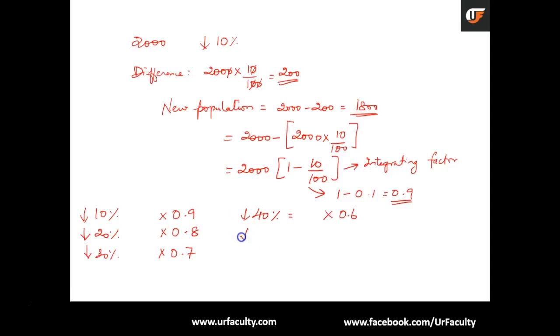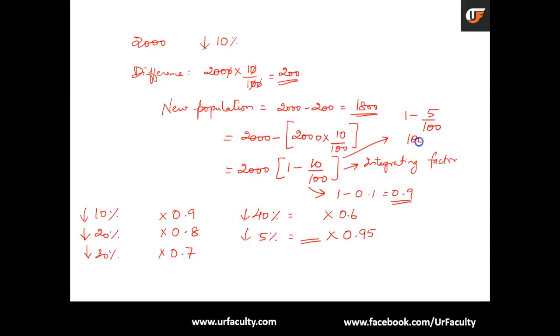Now if the decrease is just 5%, what do you do in that case? You need to be very careful here. You need to multiply the value by 0.95. How did this come? Please watch this space. 1 minus 5 by 100 is the expression.